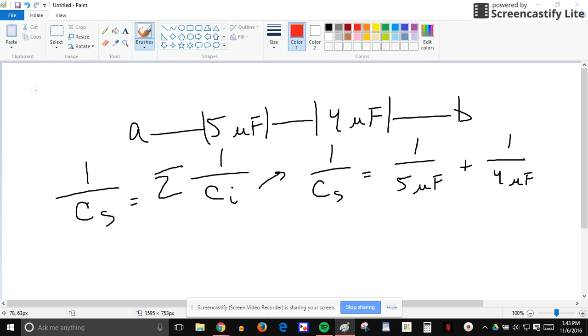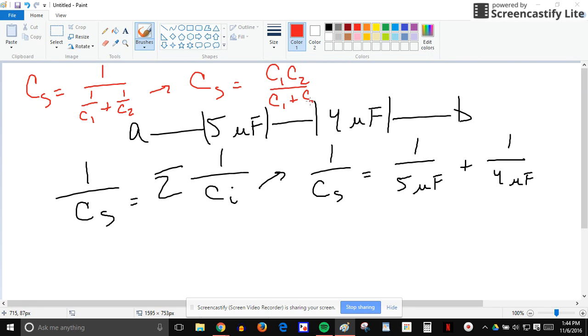If we know that 1 over C sub S is equal to 1 over C1 plus 1 over C2, then if we multiply by the lowest common denominator, which is C1 C2, we find out that C sub S is equal to C1 times C2 divided by C1 plus C2. So it's the product divided by the sum.